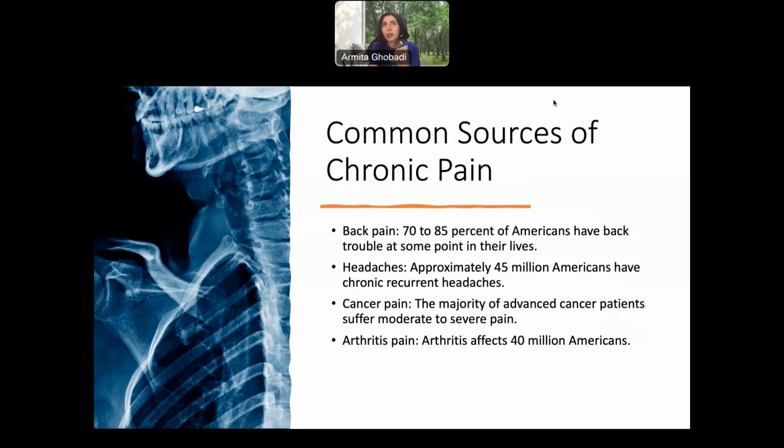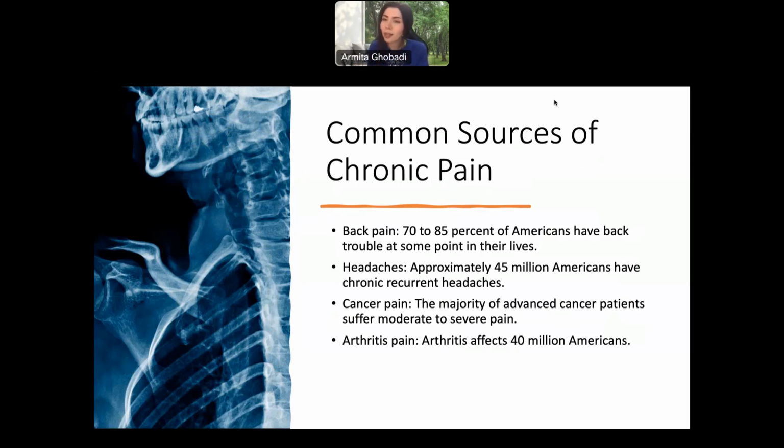Part of it is based on our nutrition, like our bones are not very strong because of our nutrition. We have to be more careful for ourselves and our children as well. But yes, back pain is very common. You can see, 70 to 85% of Americans suffer from that.